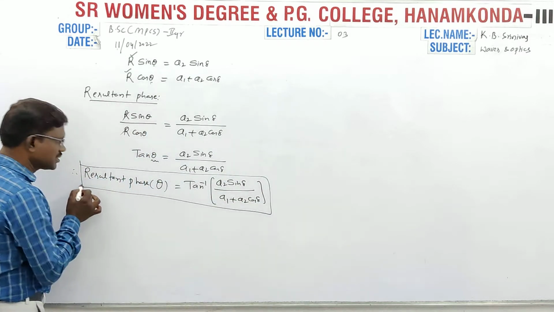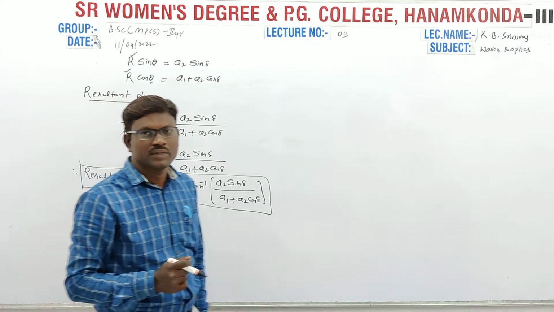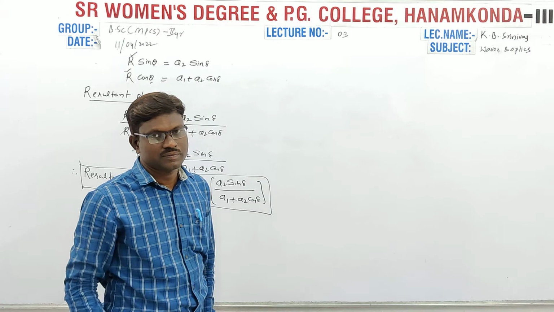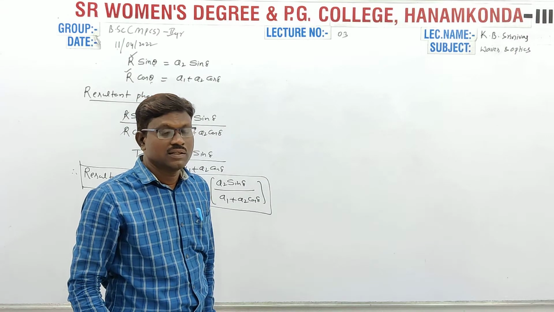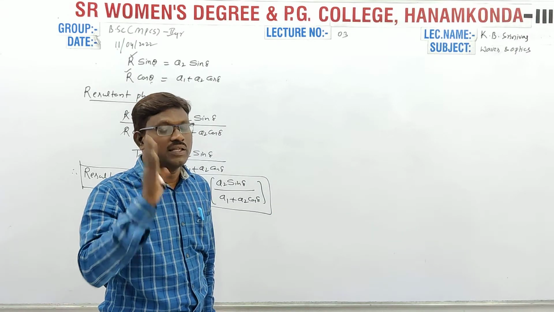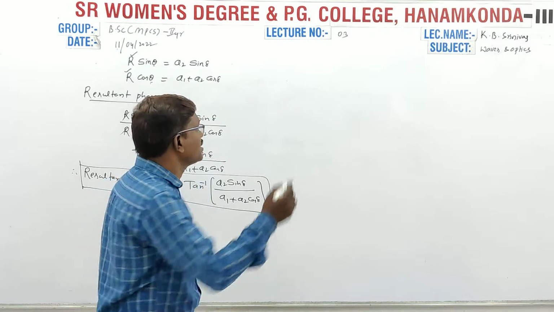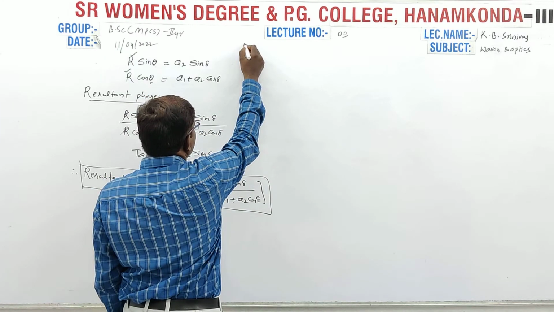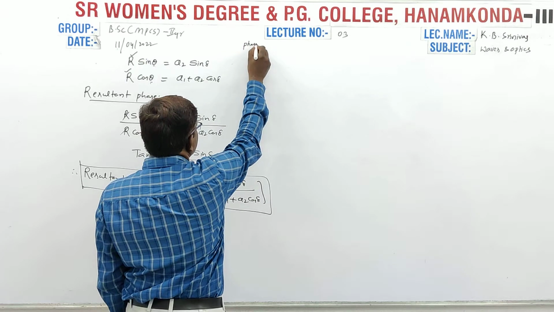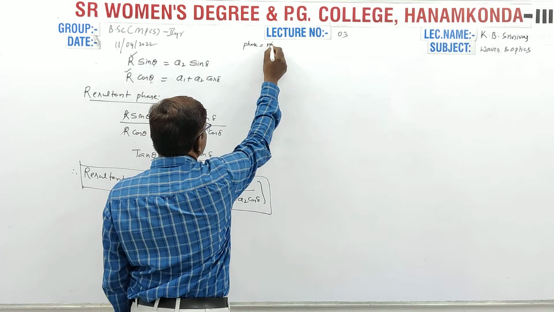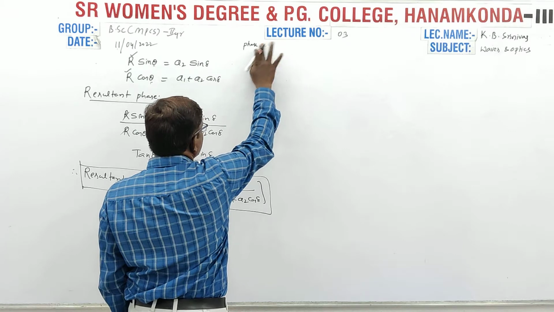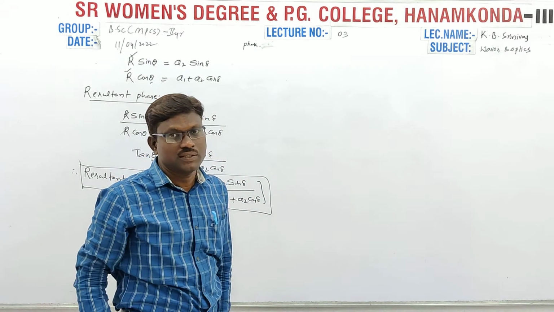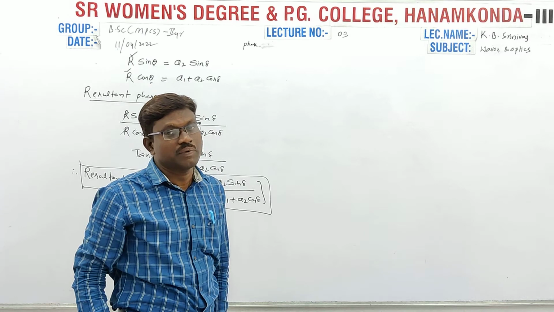From Young's double slit experiment, I have derived three cases. One is: what is the condition to get bright fringes? We get bright fringes when the phase difference is equal to n lambda. I have calculated in terms of phase difference and in terms of path difference.